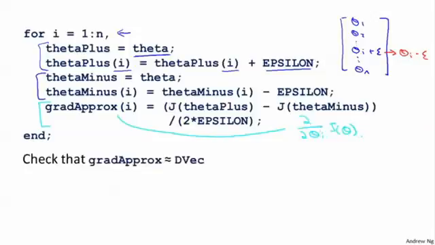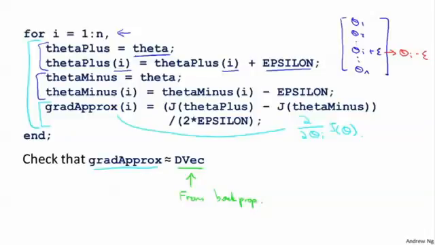And the way we use this in our neural network implementation is we would implement this for loop to compute the partial derivative of the cost function with respect to every parameter in our network. And we can then take the gradient that we got from backprop. So DVec was the derivatives we got from backprop. Backpropagation was a relatively efficient way to compute the derivatives, or the partial derivatives, of our cost function with respect to all of our parameters.